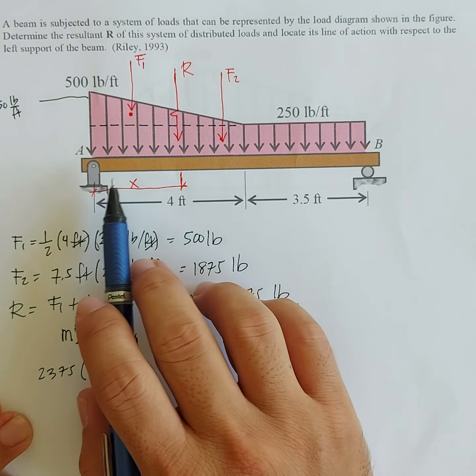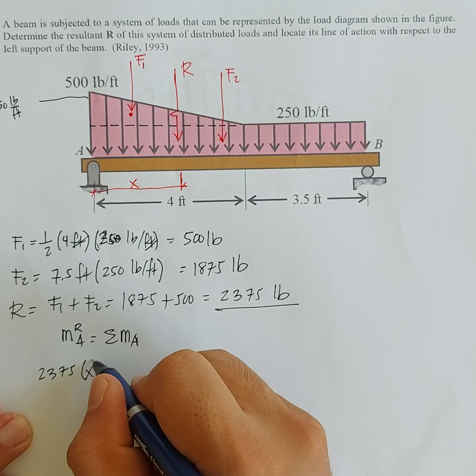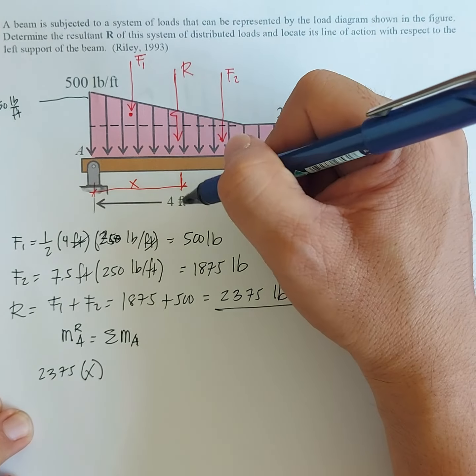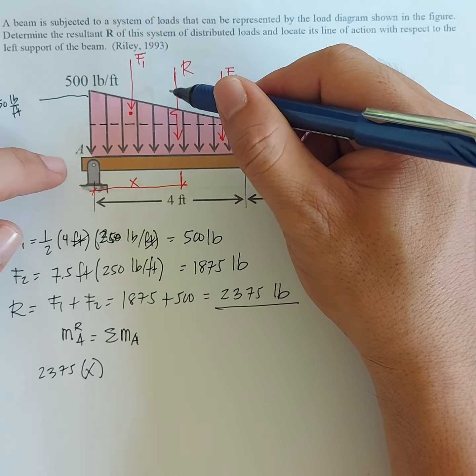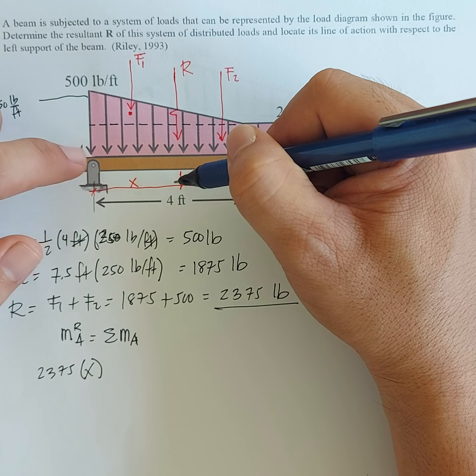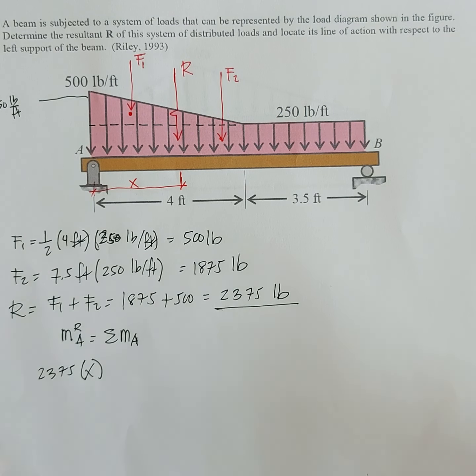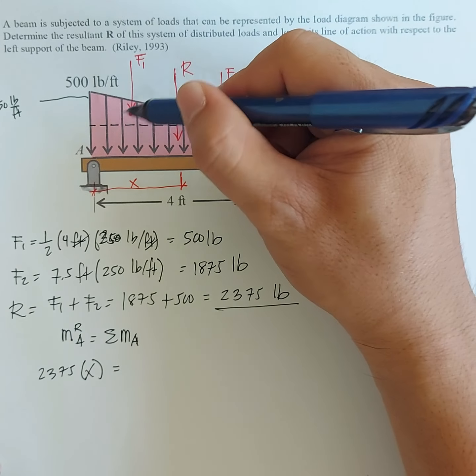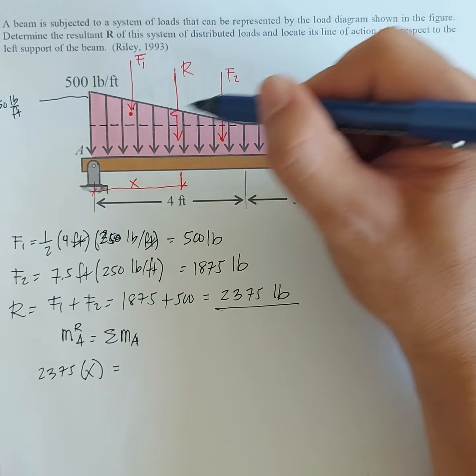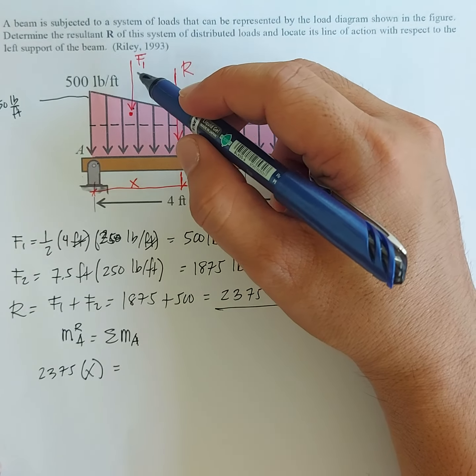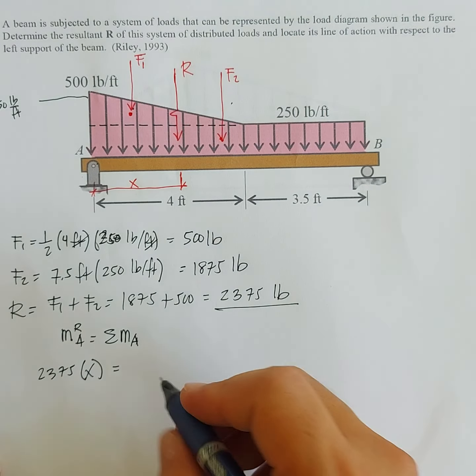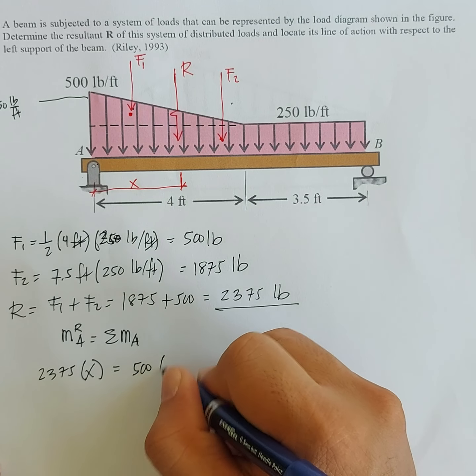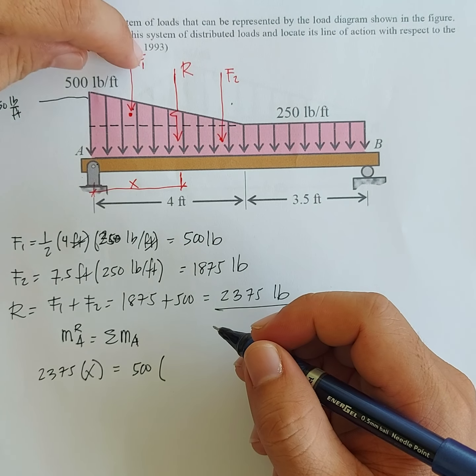times yung moment arm niya from A is X. Again, that is clockwise. So, clockwise yung moment created by R about point A. So, that is positive. The next, that should be equal to the moment of F1 about A plus the moment of F2 about A. Okay? So, ano ulit yung F1 natin? F1 is 500. So, ano ngayon ang moment arm ng F1 about A?